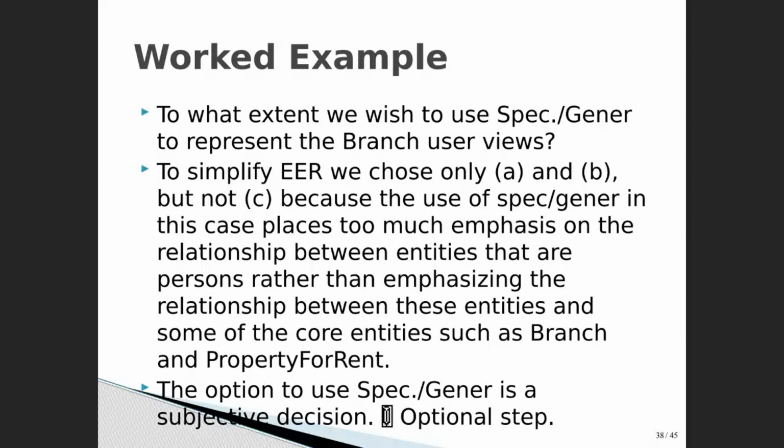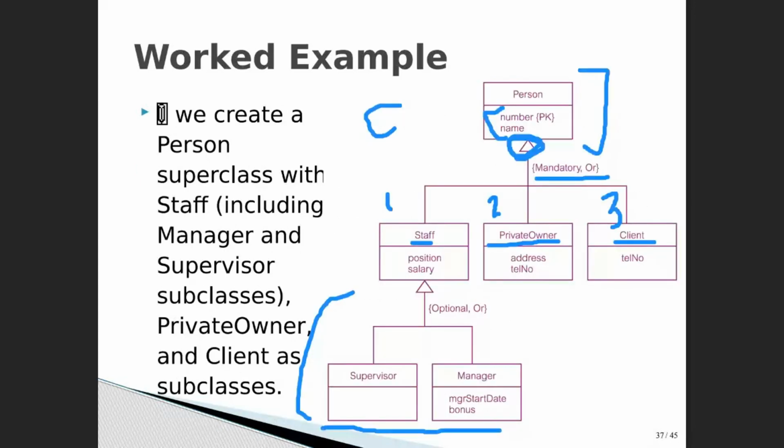This is more common. It is not common to use person categorized into staff, private owner, and client, so this is not recommended for an EER model.